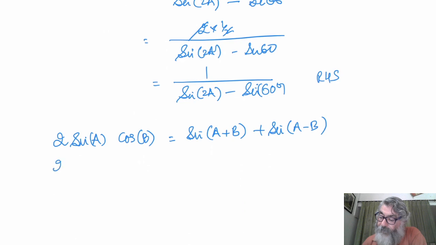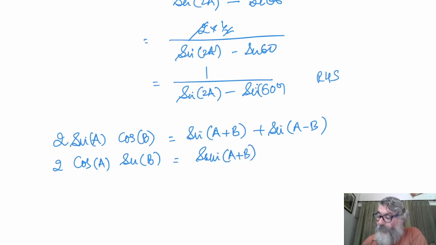Then 2 cos A sine B is sine A plus B minus sine A minus B.